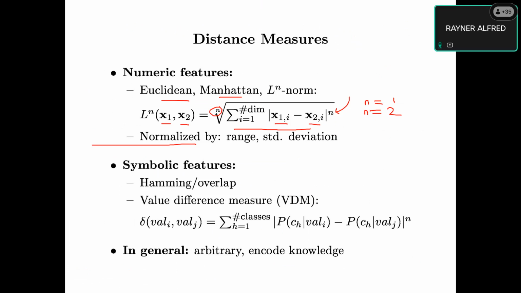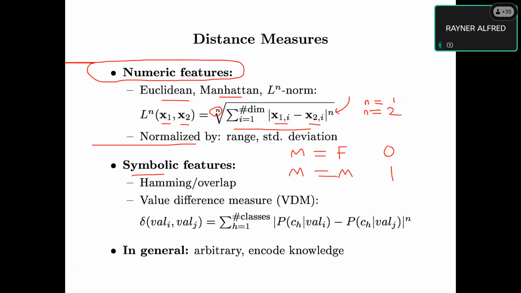We could also use symbolic features. This is for numerical values, but if you have symbols, then male matched with female is 0, and male equal to male is 1.